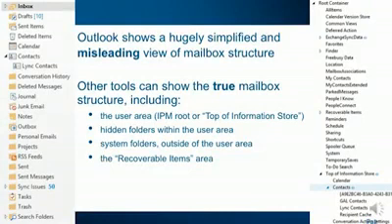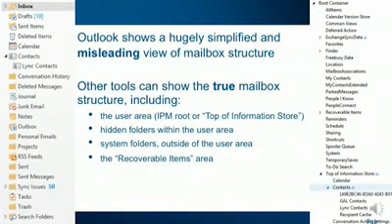We've also got system folders, which is essentially everything above that top of information store line. Top of information store represents the beginning of the user space in the mailbox, where Outlook stores most of its user facing data. The rest of the mailbox, the stuff above that, these are system folders. And one of the most important there, you'll see recoverable items.